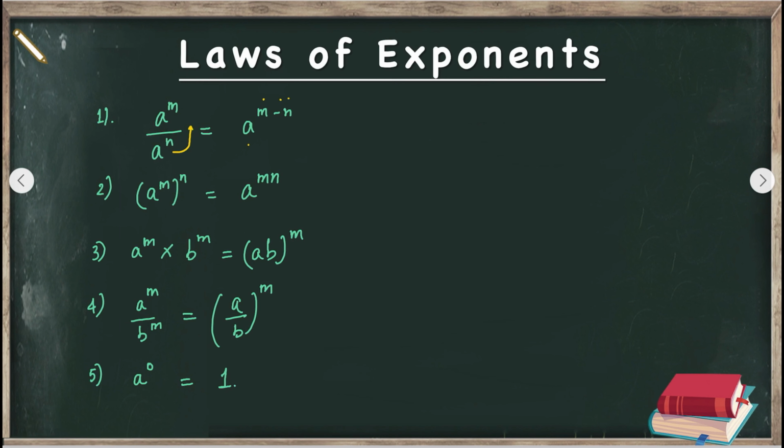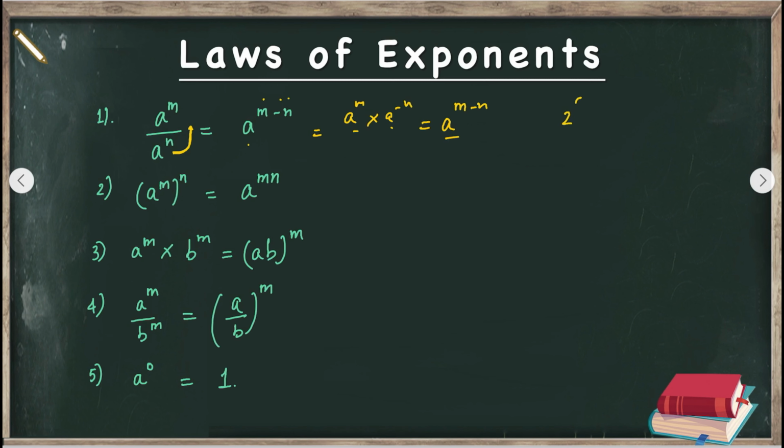If you shift a power n to the upper side, this power will become negative, so it will become a power minus n. As these two are a multiplication, the powers will be added. So we have plus m, and this power is minus n. So a power m divided by a power n can be written as a power m minus n.